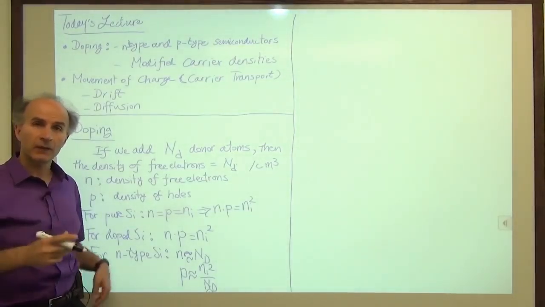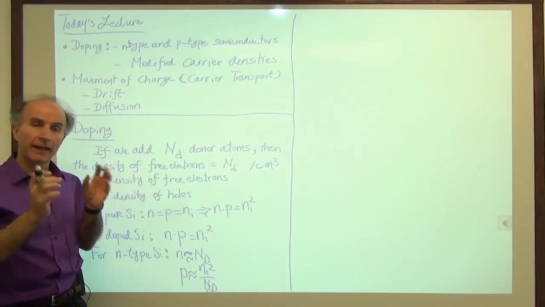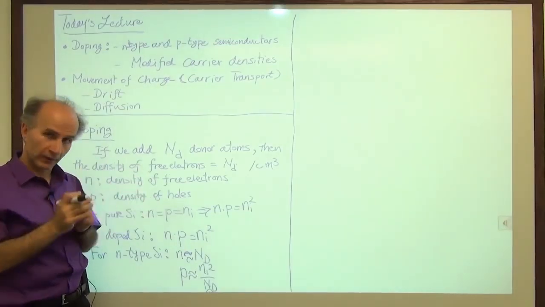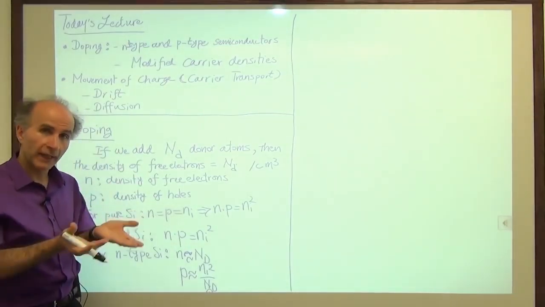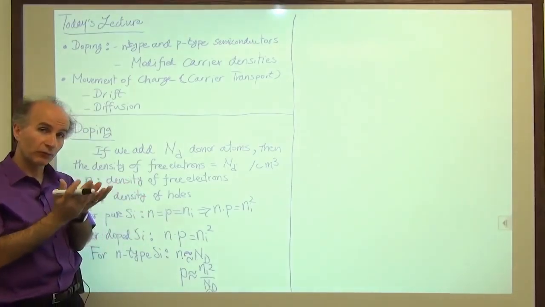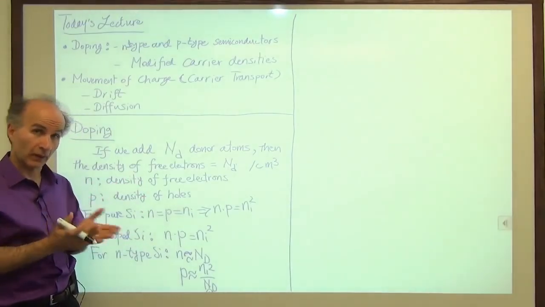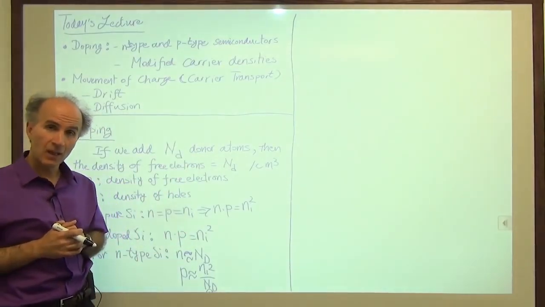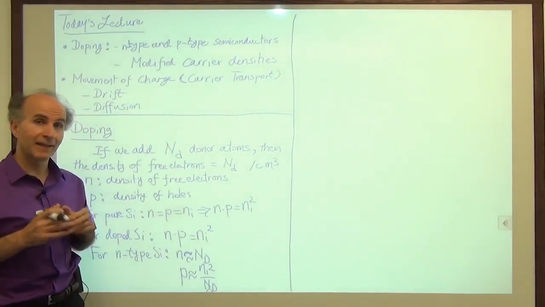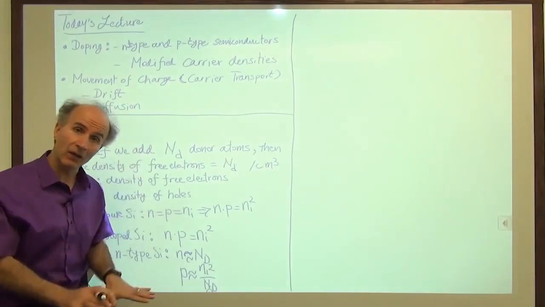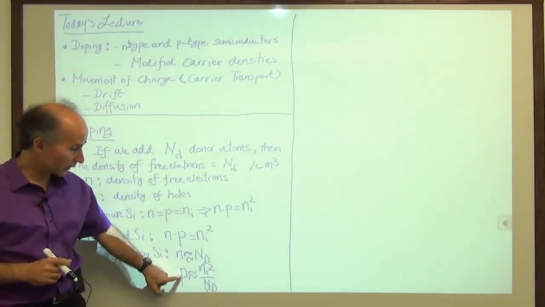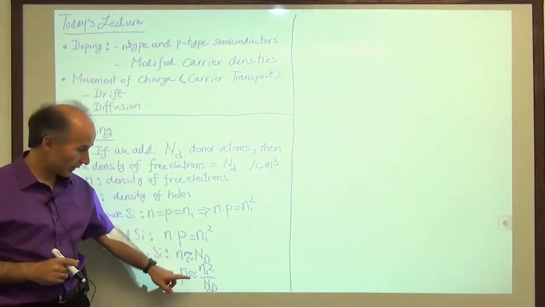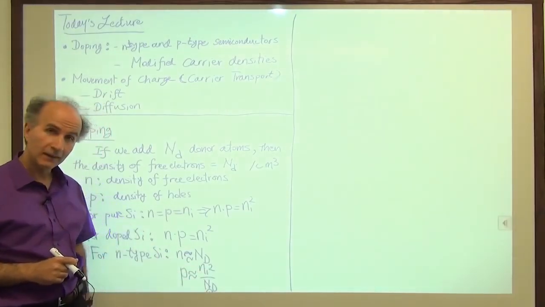This says that if I take a piece of silicon and we add donor atoms to it so as to raise the density of free electrons by a large amount, so we go to Nd per cubic centimeter, then what happens is that the density of holes actually goes down. It's no longer equal to Ni, it's Ni squared over Nd.